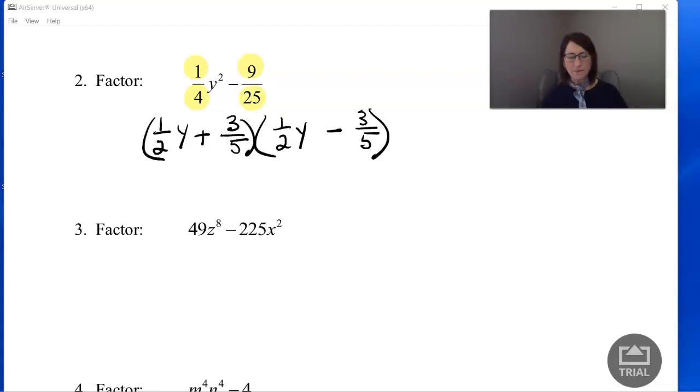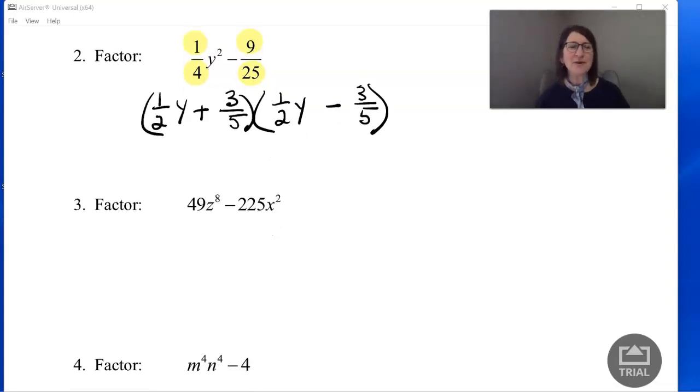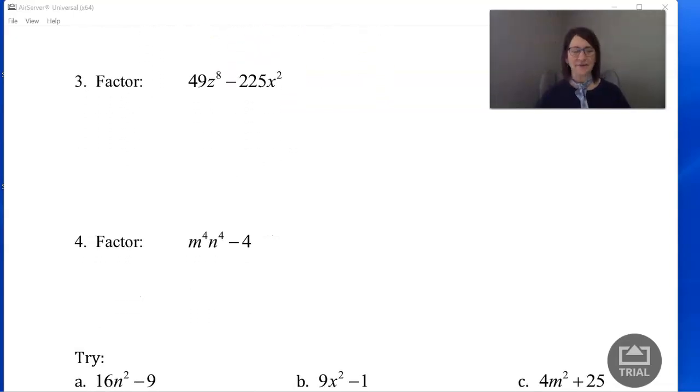All right. Oh my gosh, look at number 3. That's a little different. That exponent is an 8. Well, that doesn't seem fair. We haven't done one like that. However, any even exponent is going to be a perfect square.